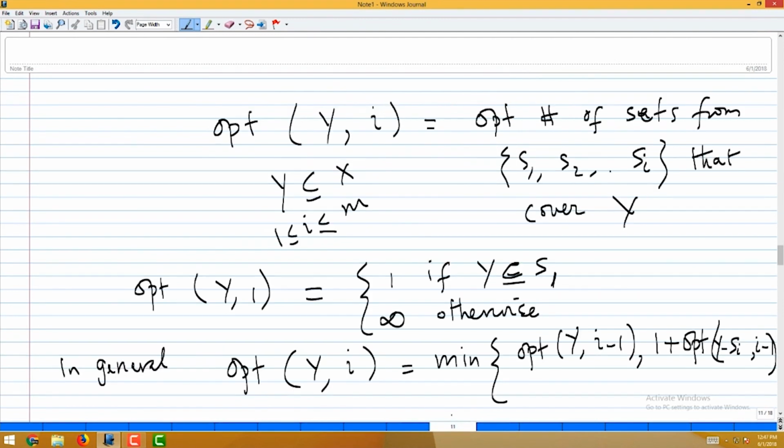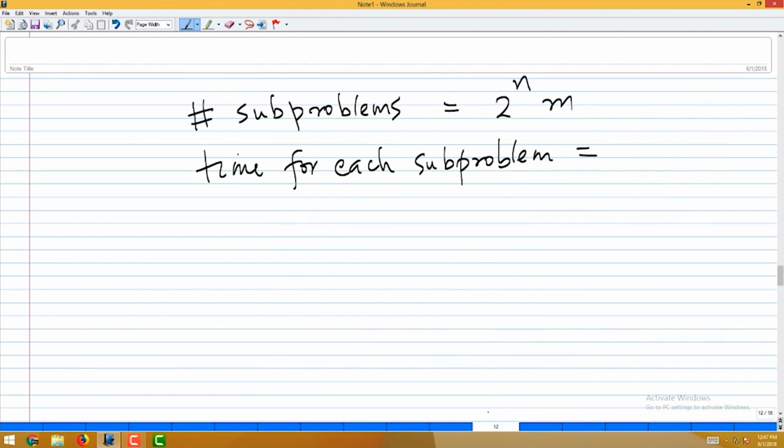Well, this recurrence tells you if you want to compute opt Y, I, it is some two numbers you have to add and find the minimum. So, how much time? Constant time, because there are exactly two numbers. So, overall run time.